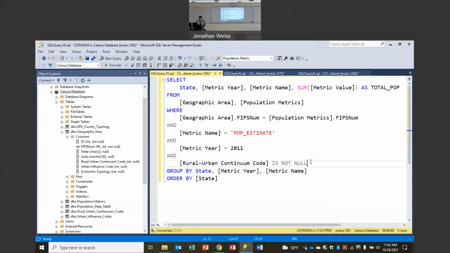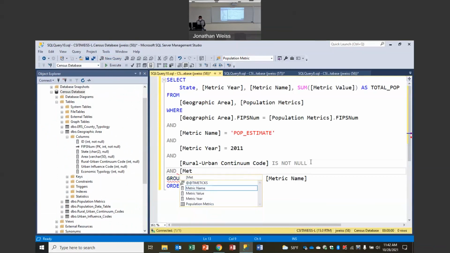And we're going to add a predicate that says and metric value greater than 10. Make sure you get the right number of zeros. 6 zeros after the 10. 1, 2, 3, 4, 5, 6. That means 7 zeros total.